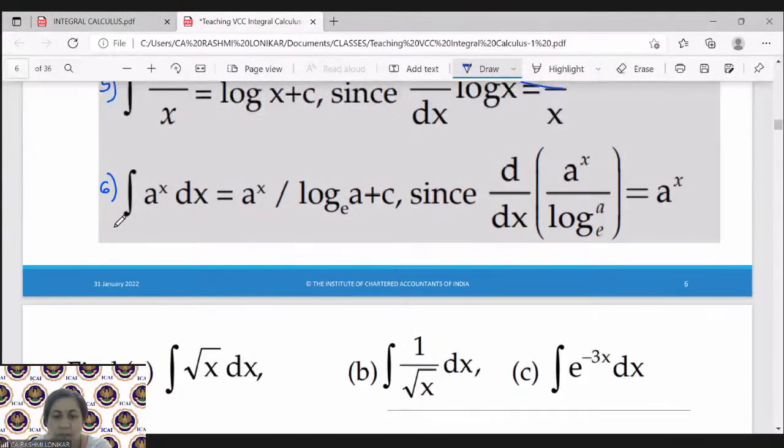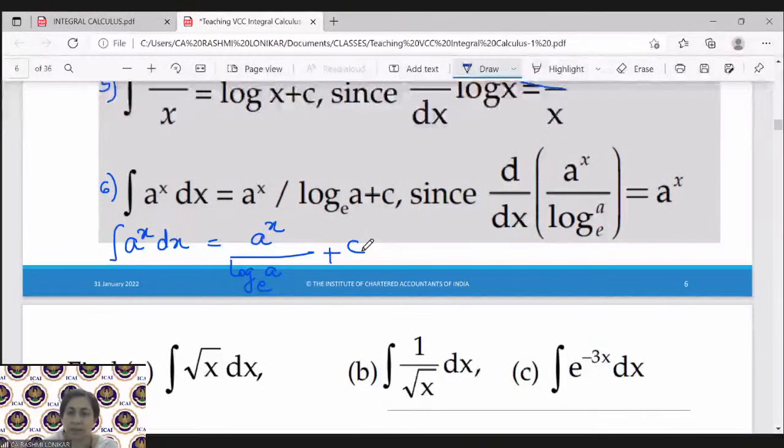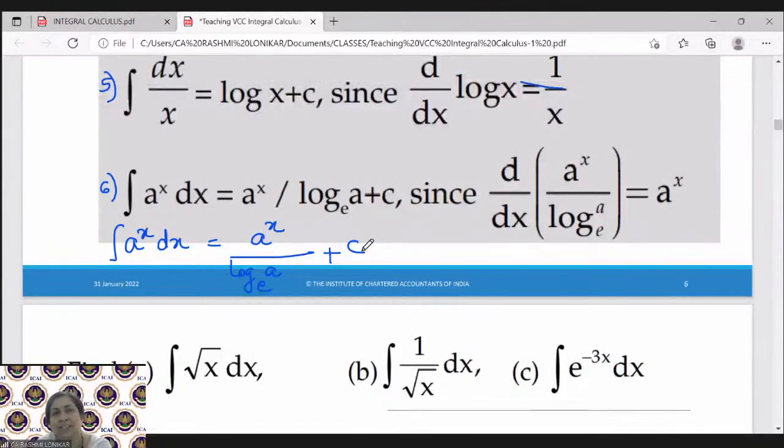So integration of a raised to x dx is a raised to x upon log of a to the base e plus c. So these are the basic 6 formulas that we are using. Then later on we have more formulas. We have formula for integration of 1 upon x square minus a square.